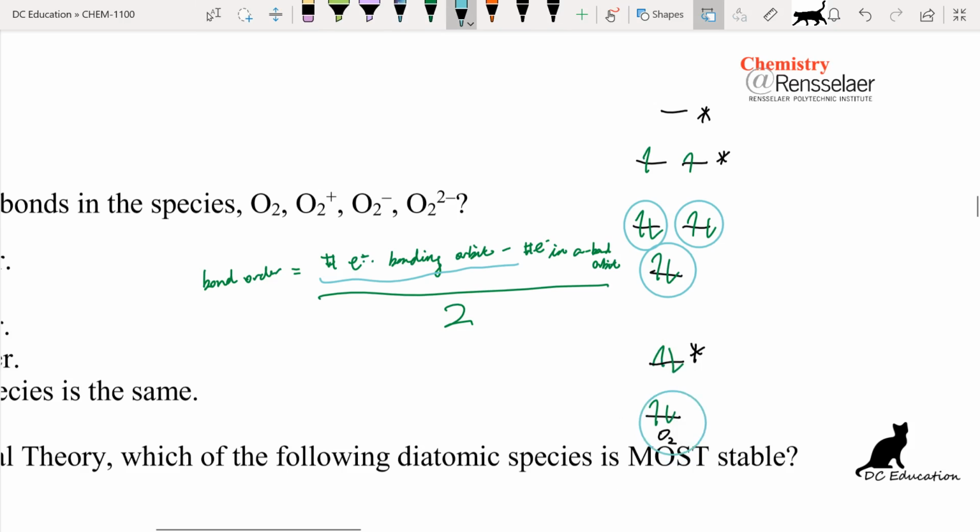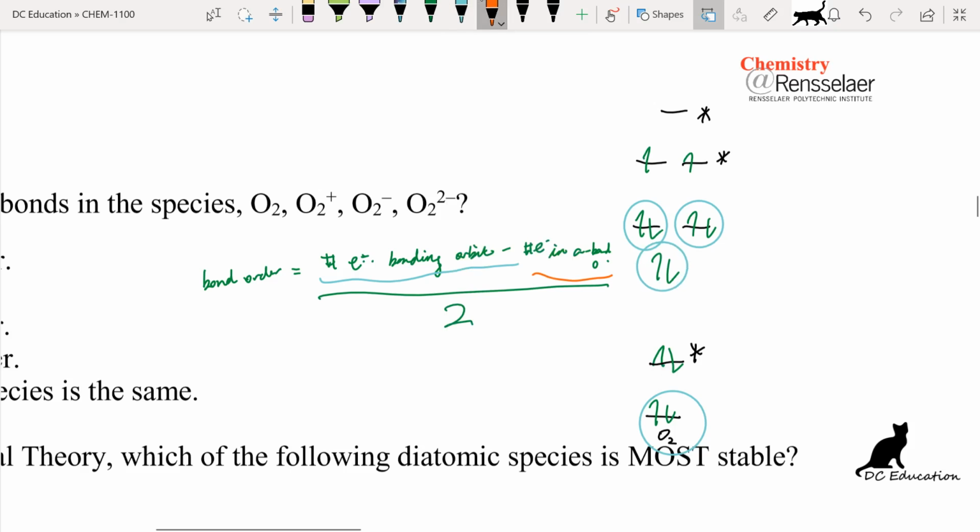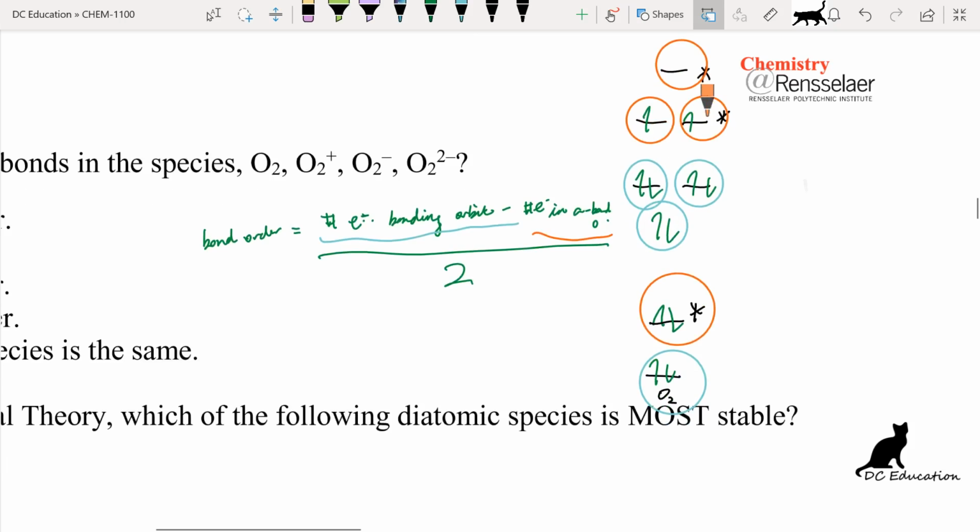So these are the bonding orbitals, and the antibonding orbitals are the orbitals with the asterisk on top of them, so are these ones. The orange ones are all the antibonding orbitals, and the blue ones are all the bonding orbitals.